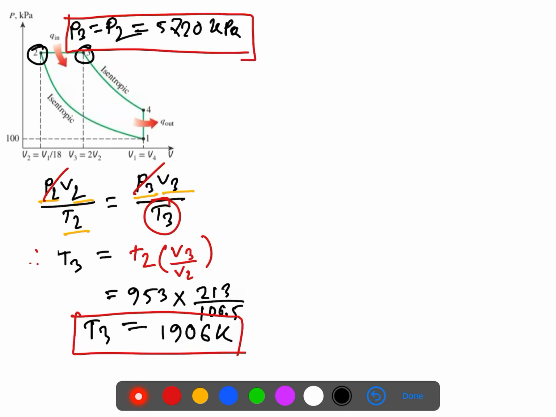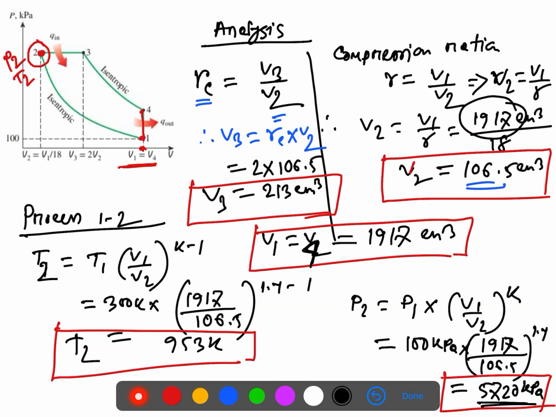Similarly, for process 4, actually now it's again the isentropic expansion of an ideal gas, and this is definitely constant specific heats, so we can write it like this for process 3 to 4. We'll use the same relations like what we did for process 1 to 2.